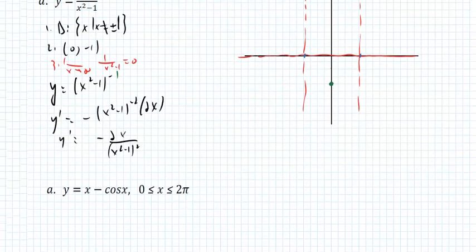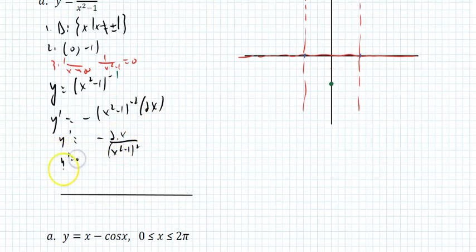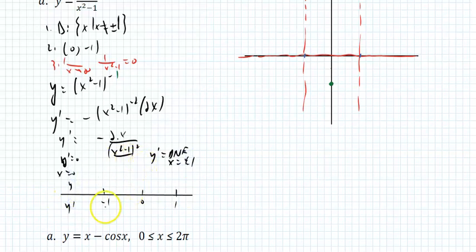I have 3 points to worry about. Where does the derivative equal 0? That's when x equals 0, the top of the fraction equals 0. And where does the derivative not exist? That's when x equals plus or minus 1. So negative 1, 0, and 1. There's my y prime, there's my y. Pick a point to the left of negative 1, say negative 3.